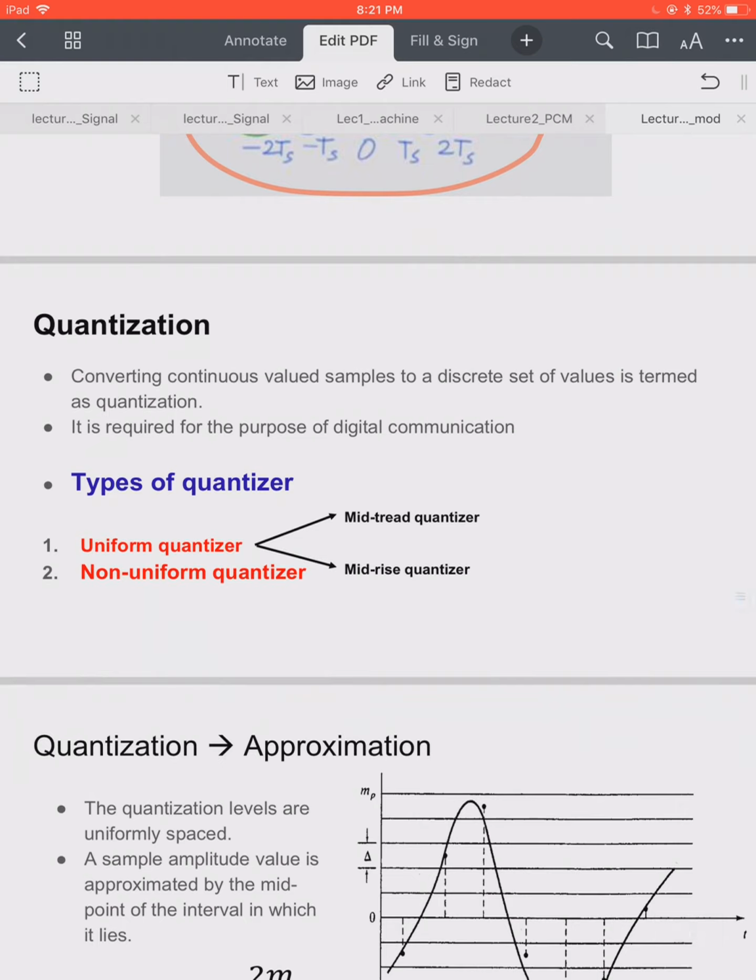Okay. So we are sampling the signal. In the sampling process, we are sampling the signal at discrete time instances. Now each sample can take any analog value, any value on a continuous scale, right? For the purpose of digital communication, suppose we want to transmit or digitize these samples.